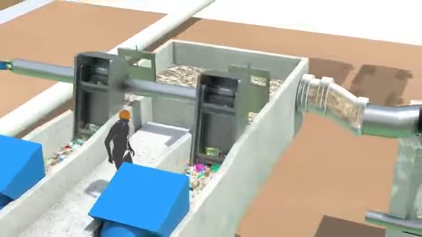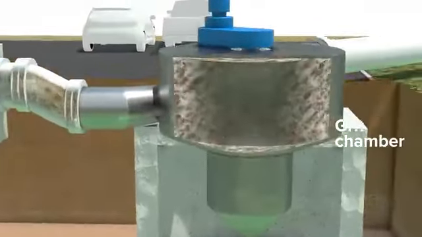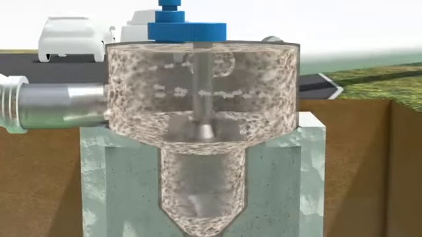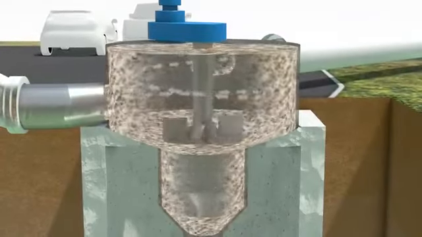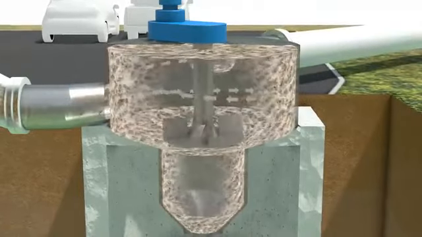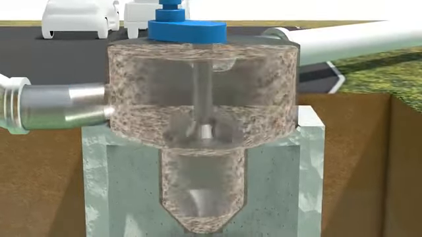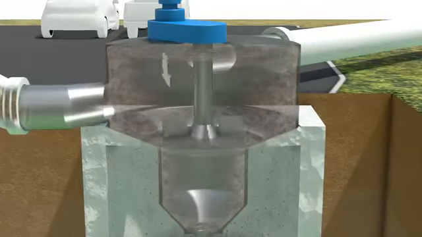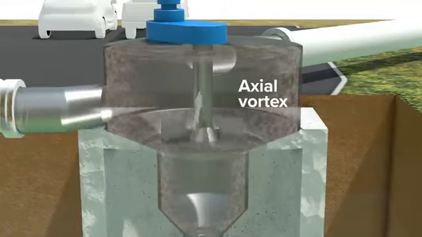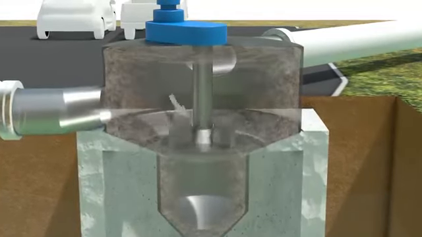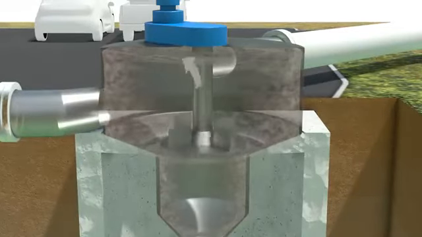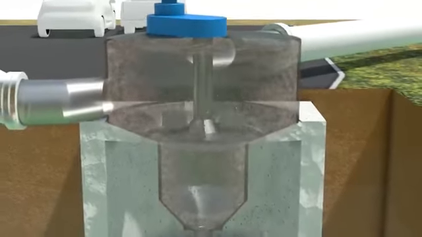The water then travels to the grit chamber to remove heavier, inorganic, gritty particles like sand, silt, clay, coffee grounds, eggshells, and so forth, while allowing lighter organic material to pass through. A spinning plate with fins, called an impeller, creates an axial vortex, which is a sort of vertical spiral force along its spin axis at a specific speed so as to catch particles in a defined weight range.